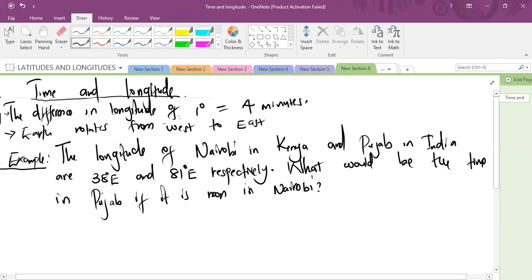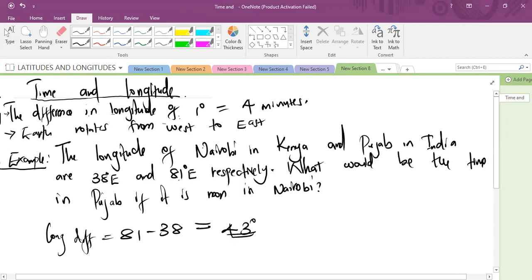So what is the difference in longitude between Nairobi and Punjab? They are both on the eastern side, so the longitude difference will be 81 minus 38, and that will give us 43 degrees.